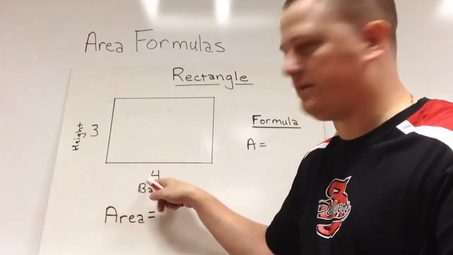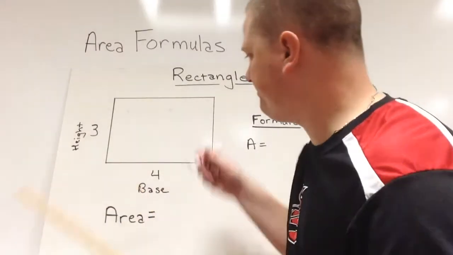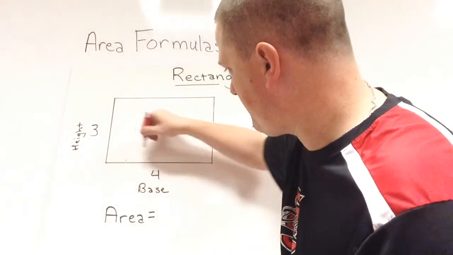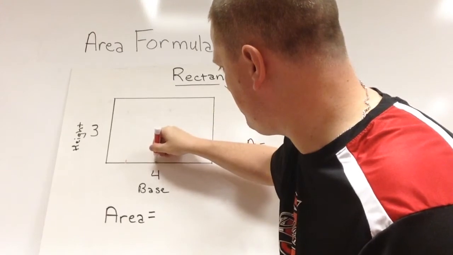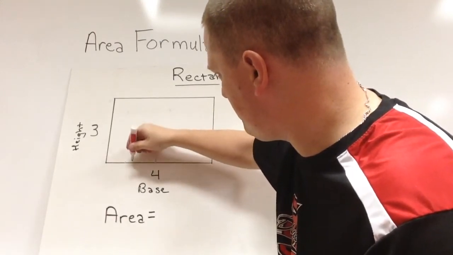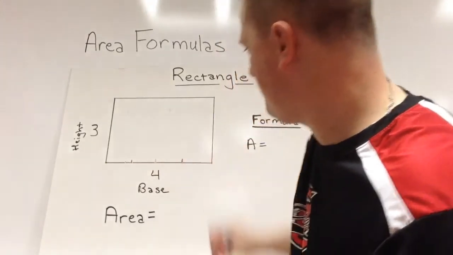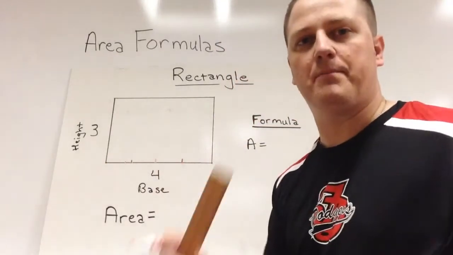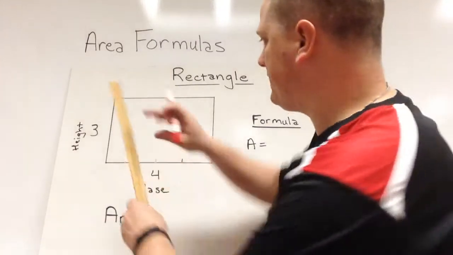So this base is a 4. So I'm going to divide it into 4 equal sections. I know that these won't be perfect, but we're going to say that these are all perfectly even.